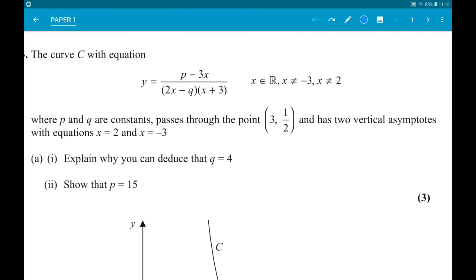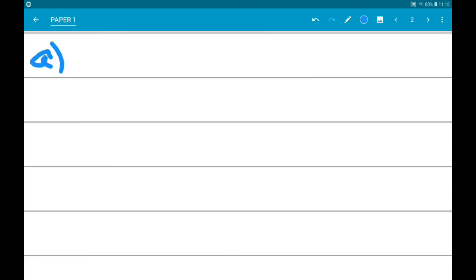Alright, so the vertical asymptotes come from trying to divide by 0. So, we know that when x is 2, then 2x minus q must be 0.